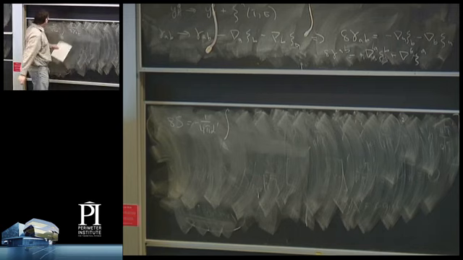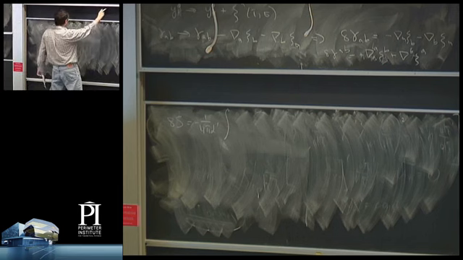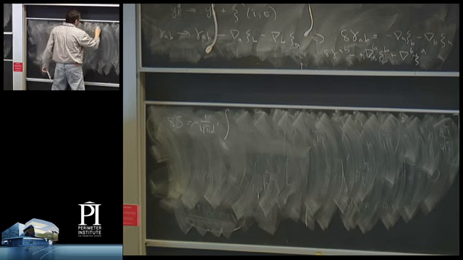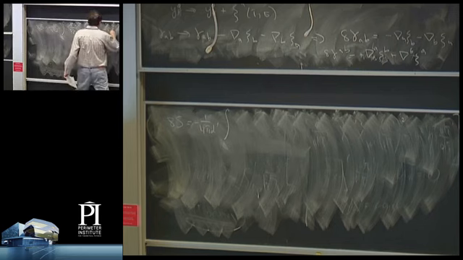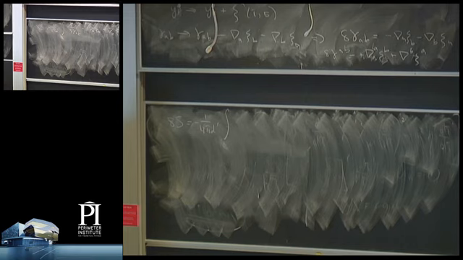Normally I would put an arbitrary variation of the metric, but I'm not going to do this. I'm just going to put the variation of the metric which is due to this diffeomorphism. And because my action is invariant under reparametrization, this stuff must be equal to 0 for arbitrary vector psi b.